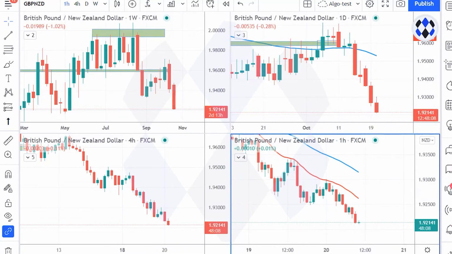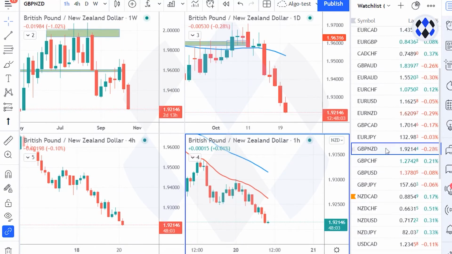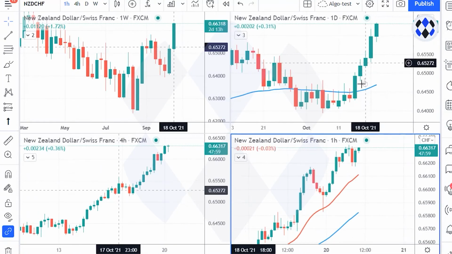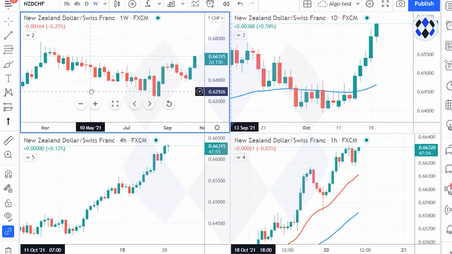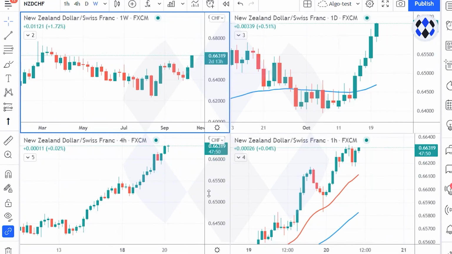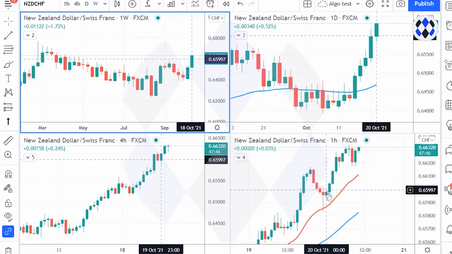We can try and have a look at the New Zealand dollar Swiss, just to find that here. The New Zealand dollar still moving up. As you can see, a very good uptrend here. We'll just have to check if it meets some resistance. It actually does up here. That's not too perfect. I would not be comfortable taking this one straight up into this top here.